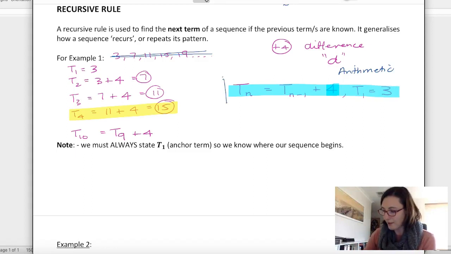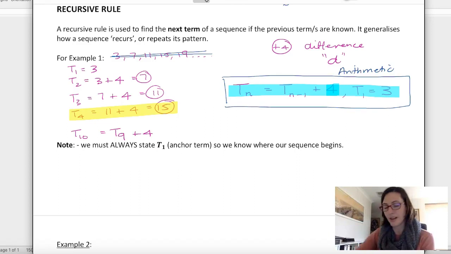So what we've created here for our first example of an arithmetic sequence is a recursive rule to show what this sequence looks like. So with any arithmetic sequence, we could write our rule to say to find a term, you must know the previous term and you must add on the difference when you know term 1. And we actually call term 1 the letter A. Sometimes we use the notation where we start with Tn plus 1.